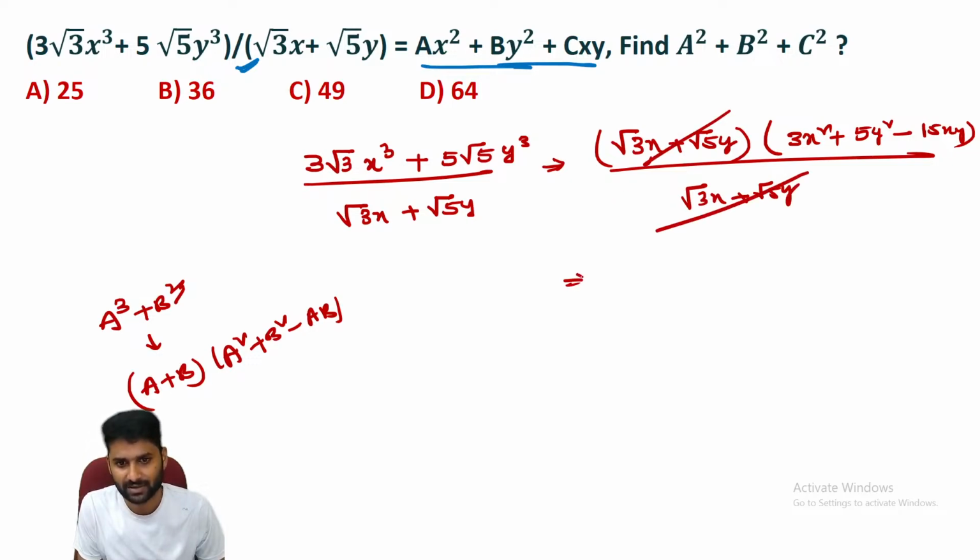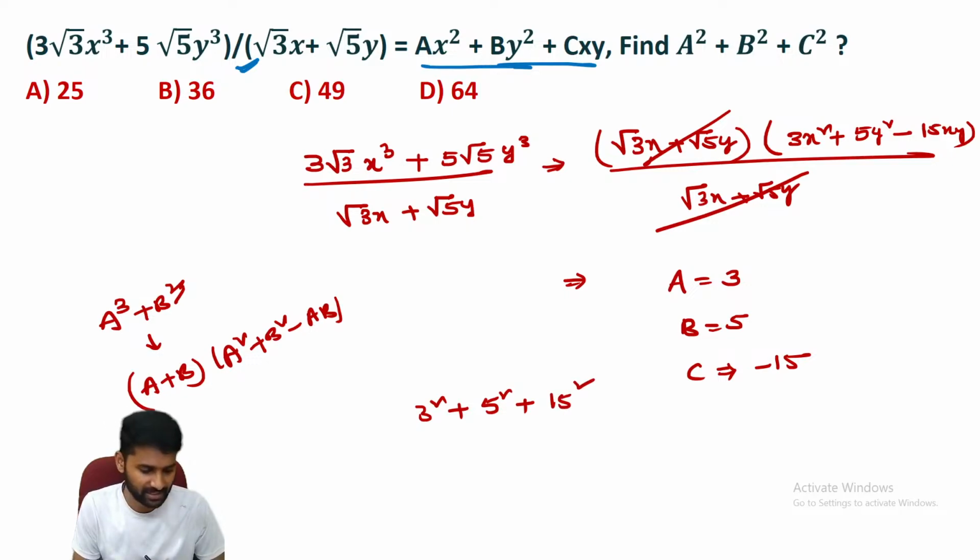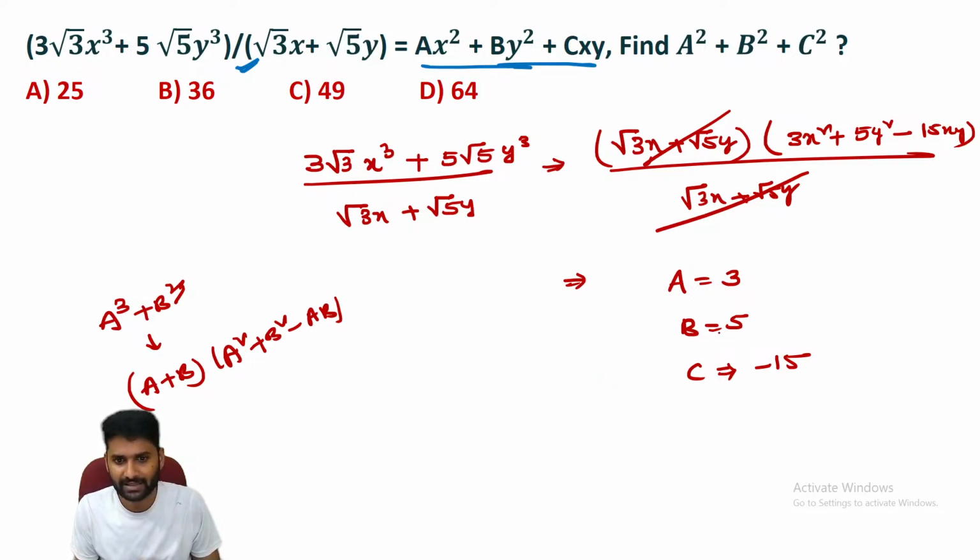Cancel this. So you will get ax square, a is equal to 3, by square, b value is 5, and cxy, c value is minus root 15. Now we have to find 3 square plus 5 square plus root 15 square. Now here see, values again: a is 3, b is 5, and c is minus root 15. Okay, now see. Here we need a square, b square, and c square.